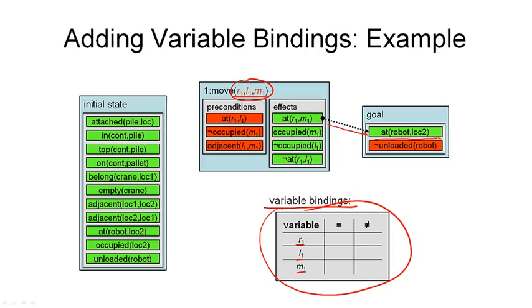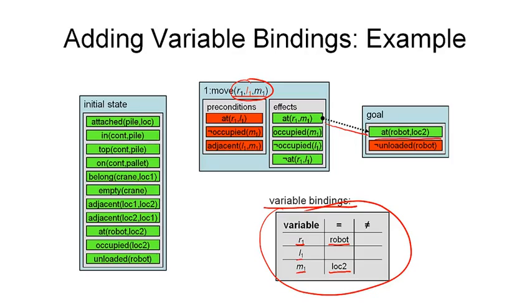And adding variable binding constraints ensures that this unification will succeed. So here's how this works. We add variable bindings. We say that R1 must become the value robot and M1 must become the location log2. Also, the two variables R1 and M1 in the operator are now black because we have values for these variables. L1, on the other hand, remains undefined.